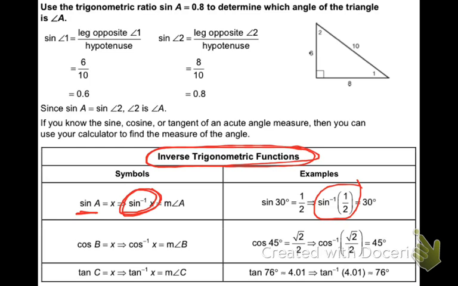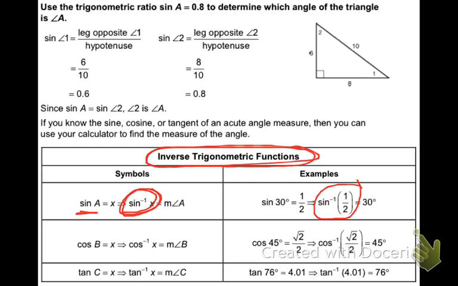You want to hit the second button. So you're going to do 0.5 and then go sine inverse. It is on the phone if you hit the second button. So you want to go 0.5, hit the second button, then there's sine inverse. There you go.